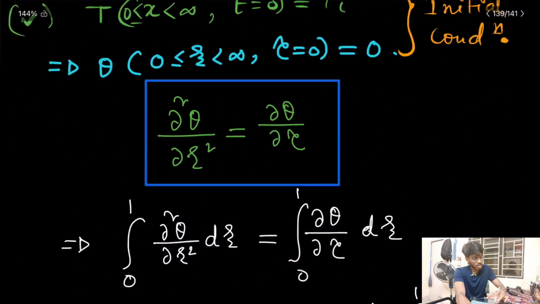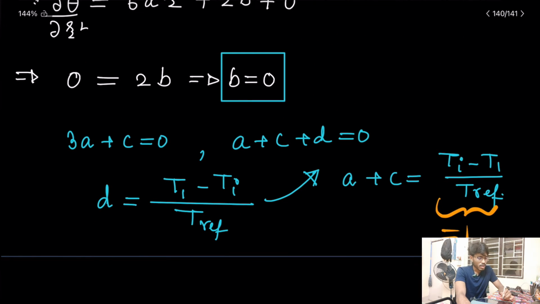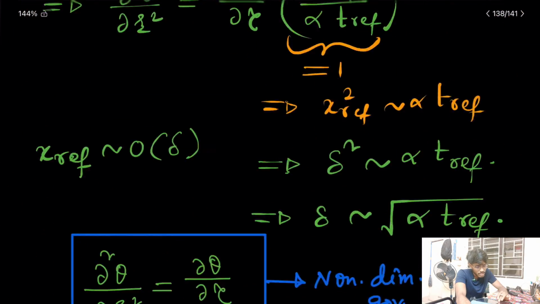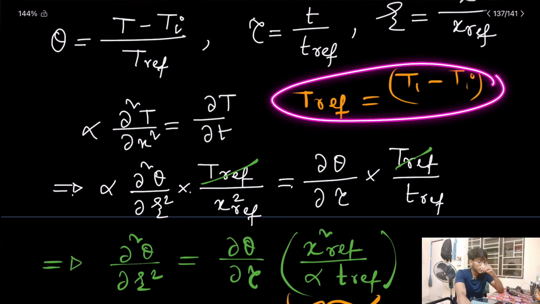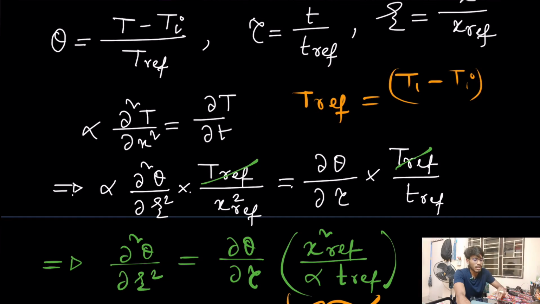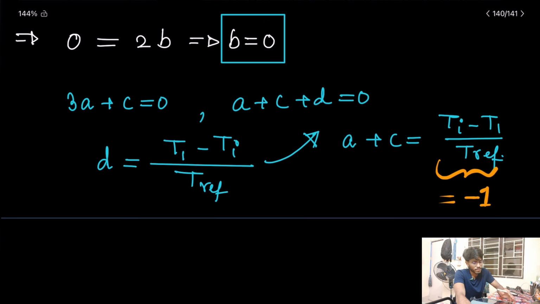Clear? Or ti minus t1. According to my definition of tref, this is equal to minus 1. I have chosen my tref equal to t1 minus ti, yes, this one. So this is how we choose the reference variable, to simplify our life.